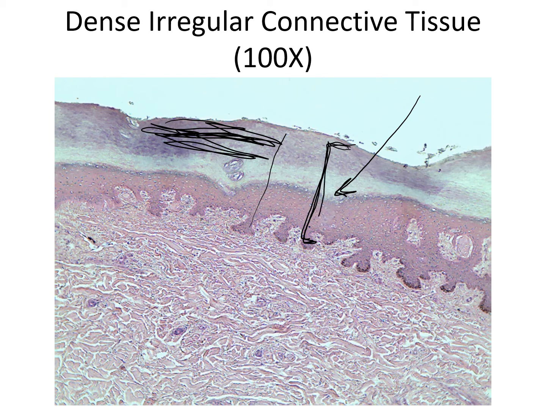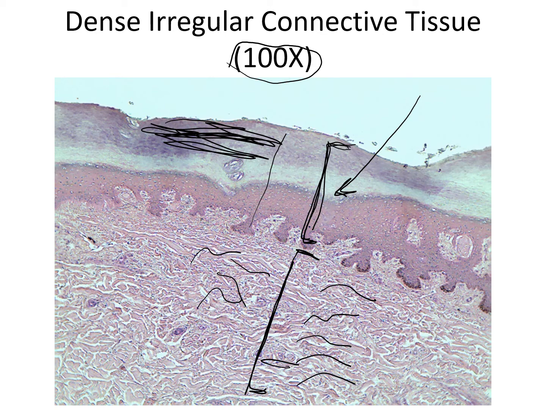So it's made from epithelial tissue, and what we have underneath, this part over here, this is our dense irregular connective tissue. And this is pretty low magnification, 100x, but you see these collagen fibers running in all directions. Right, like this, and some running this way.